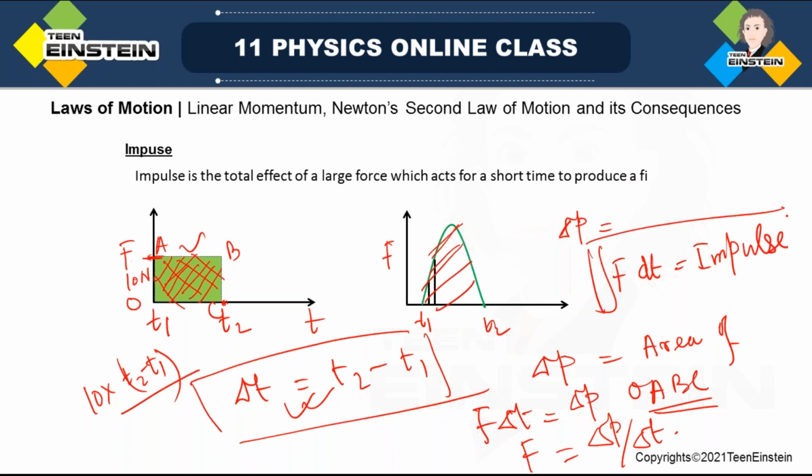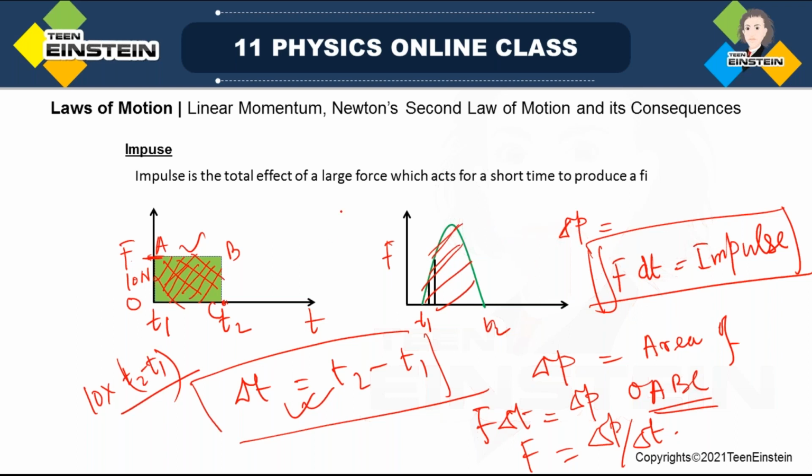We'll take a few numerical examples in the next class. What is impulse, and how the problems on changing linear momentum, based on the second law of motion, can be solved. We'll take a few numerical examples in the beginning of the next class, maybe 10 or 15 minutes, then we'll take up the new topics.